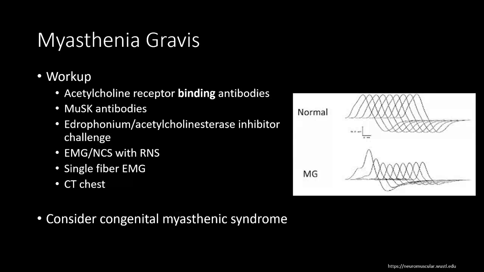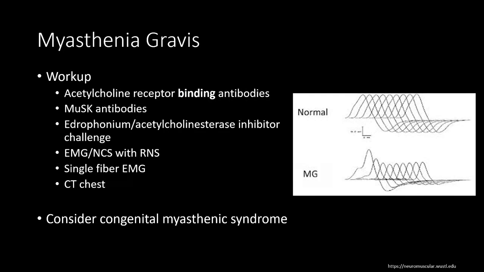They're probably most useful when they occur along with acetylcholine receptor binding antibodies, and that's probably their main role in pathogenesis. And so I really don't send those other types of antibodies unless there's a patient who is seronegative and I have a very high suspicion for myasthenia.